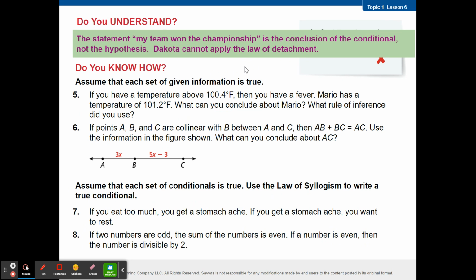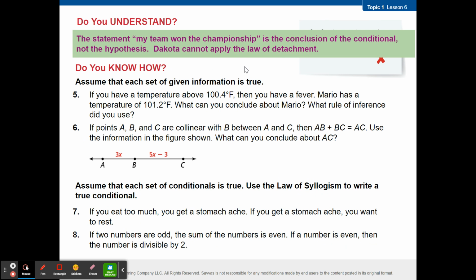All right, number 5. If you have a temperature above 100.4 degrees Fahrenheit, then you have a fever. Mario has a temperature of 101.2 degrees Fahrenheit. What can you conclude about Mario? What rule of inference did you use? We have an if-then, and we have this extra little piece of information. So what law is it?